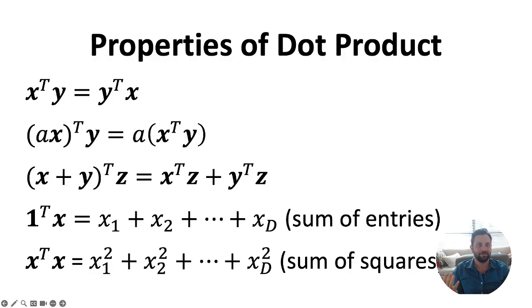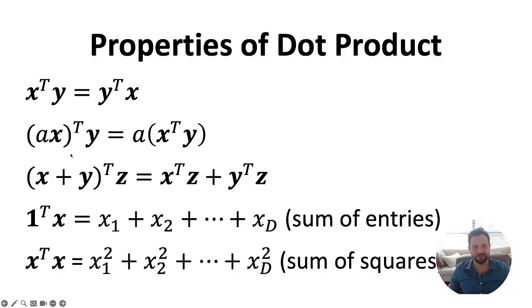As long as we have a row vector sitting next to a column vector, we have the same result. Similarly, if you scalar multiply one vector by a, it doesn't matter whether it is before or after the inner product.